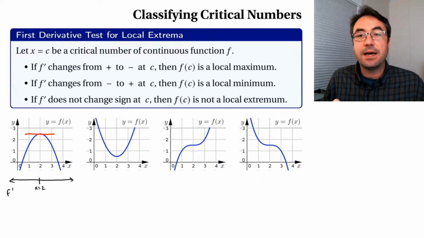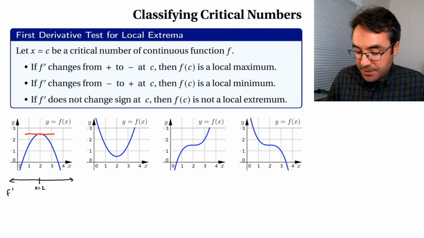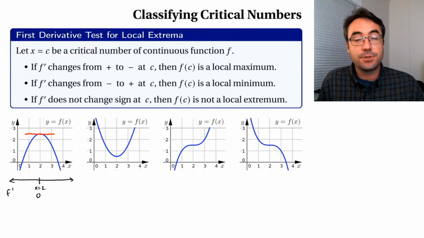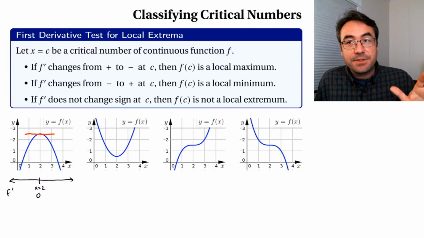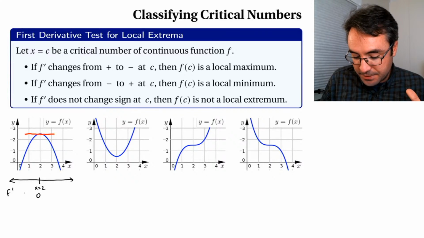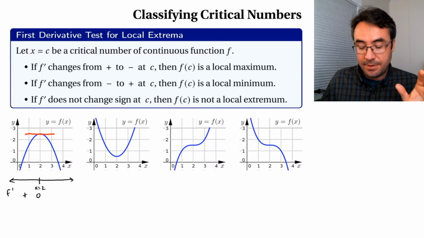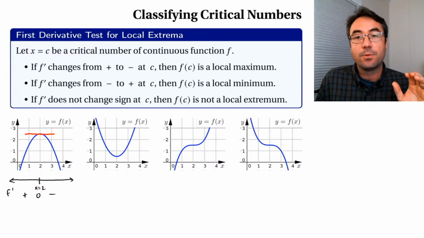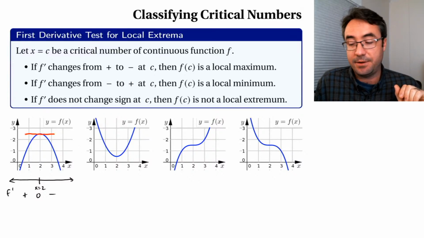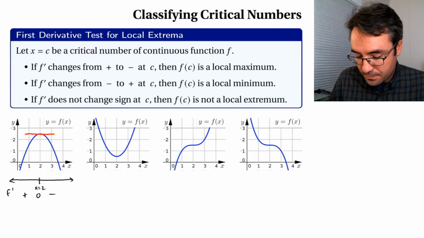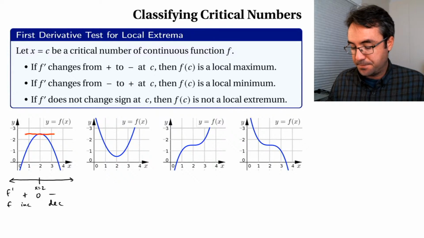Our graph flattens out at x equals 2, so that means our derivative is 0 there. So we do have a critical number at x equals 2. On the left side, we're increasing, so it's positive. And then on the right side, we're decreasing, so f prime is negative. So we're increasing and then decreasing.